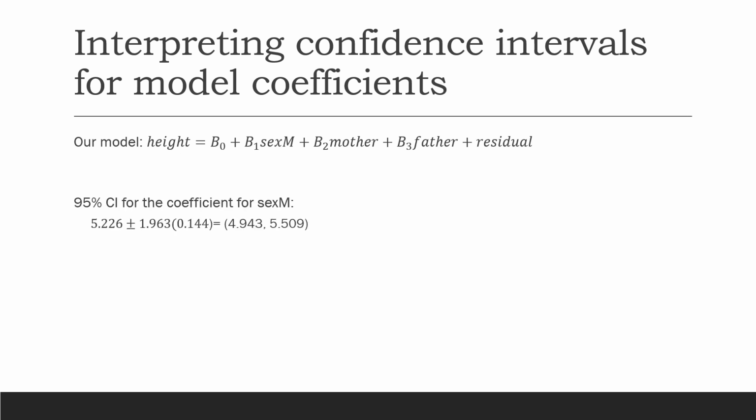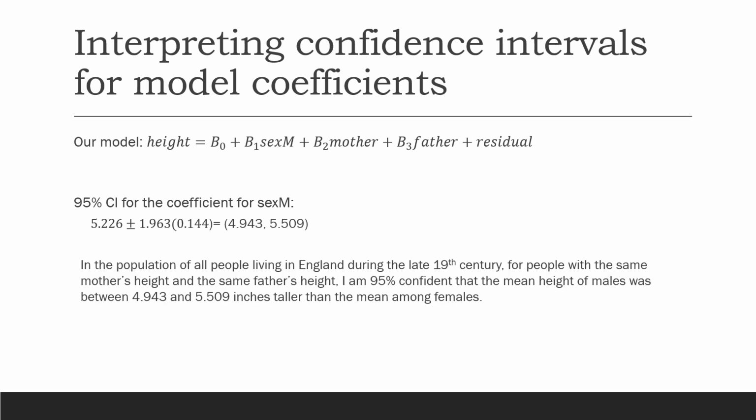So, for example, if I'm looking at the 95% confidence interval for the coefficient for sex male, I can say in the population of all people living in England in the late 19th century, for people with the same mother's height and father's height, I'm 95% confident that the mean height of males was between 4.943 and 5.509 inches taller than the mean among females.